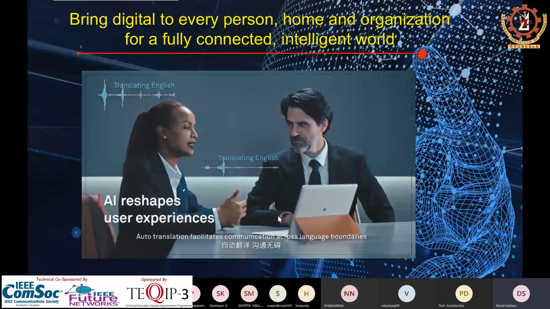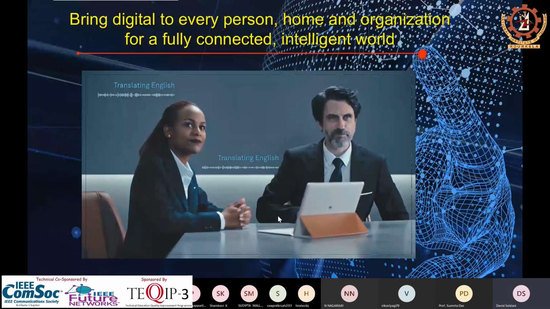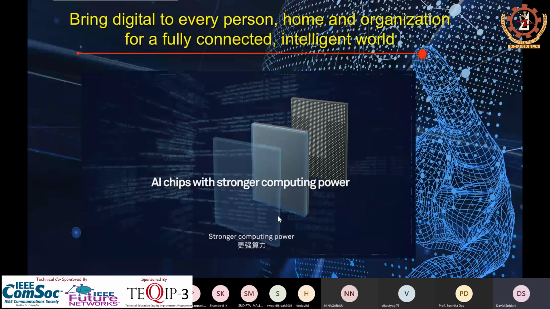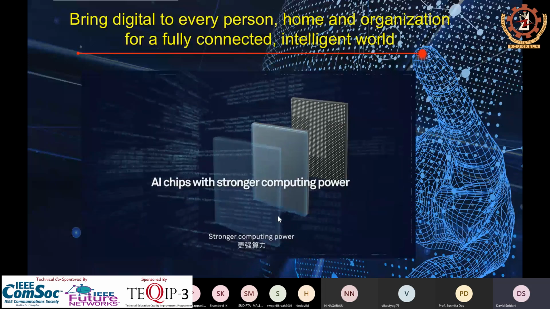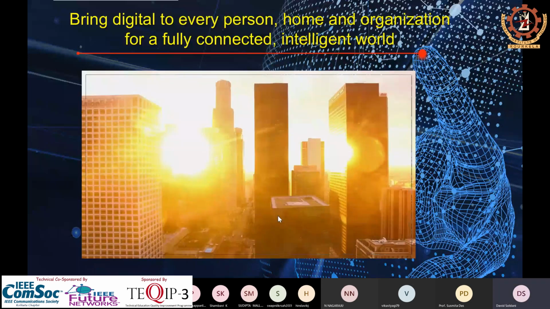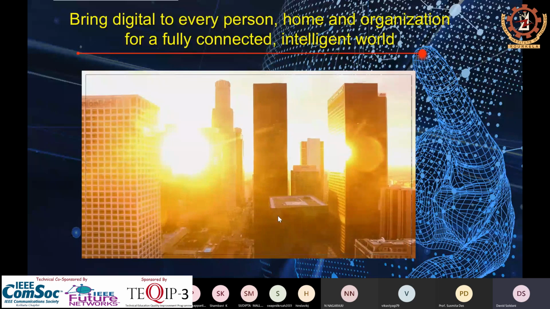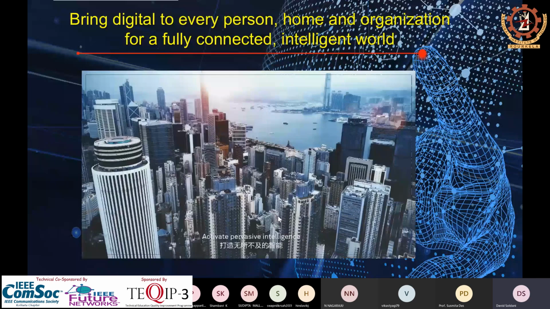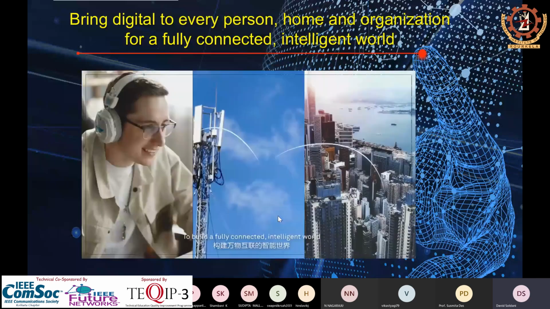Sound localization delivers intelligence everywhere. Stronger computing power. Higher energy efficiency. Wider ranges of applications. Activate pervasive intelligence to build a fully connected, intelligent world.